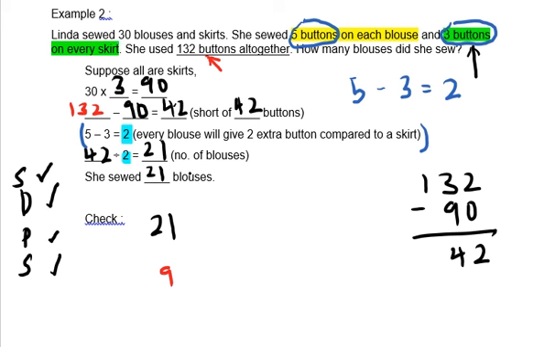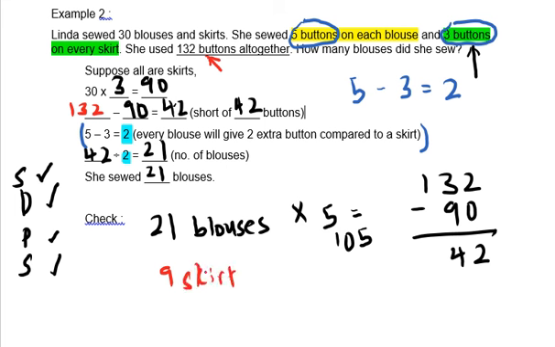There are 21 blouses, and one blouse has 5 buttons. 21 times 5 gives us 105. Since there are 9 skirts, and one skirt has 3 buttons, 9 times 3 gives us 27.